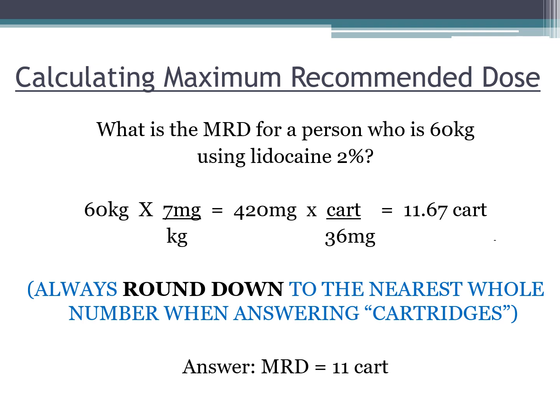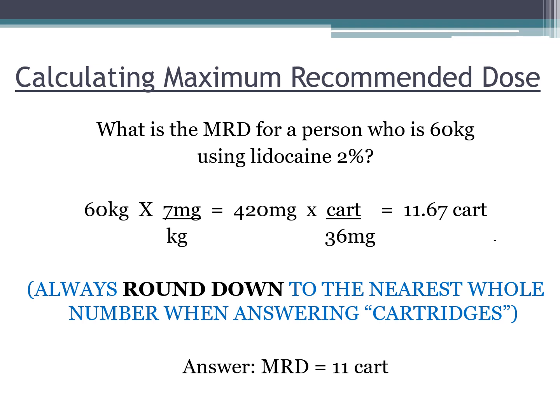So let's look at the calculations. The question tells you it is a 60 kilogram person, so that's where you get 60 kilograms. You multiply it by 7 milligrams per kg. You have memorized that lidocaine's maximum recommended dosage is 7 milligrams per kg. That is where you get that value from.